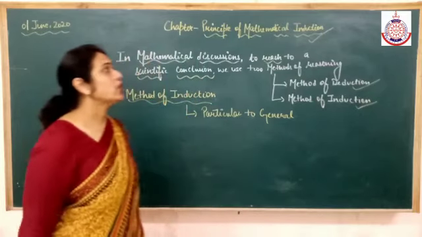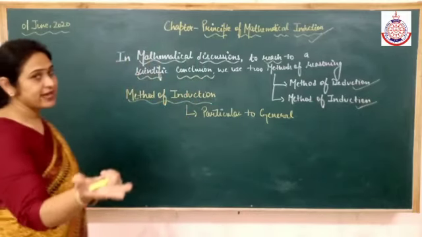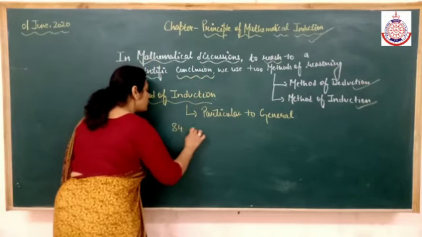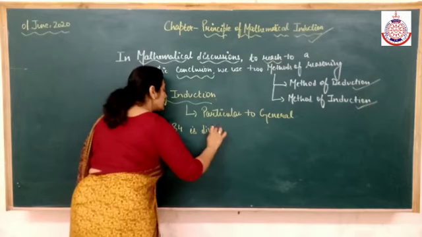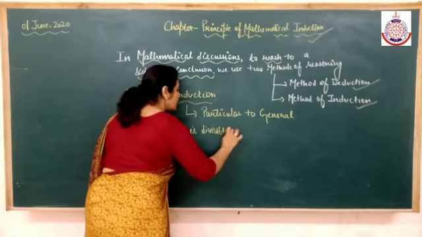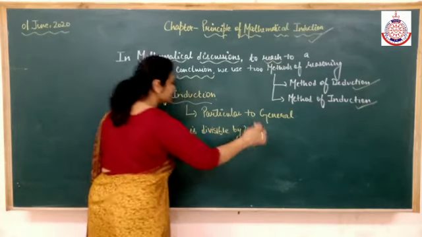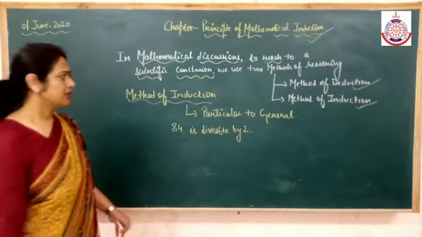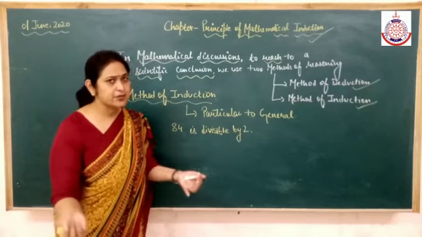Is it clear? Alright. For example, if I take an example that 84 is divisible by 2. Fine. It's a particular case.